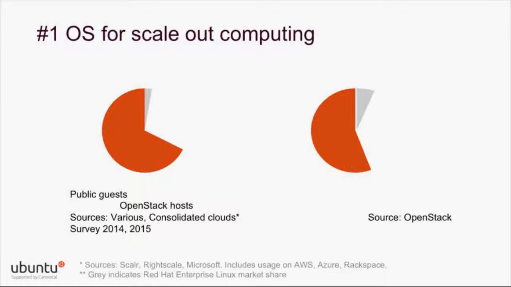And there we thought, well, actually, Ubuntu can offer real value here. And we worked very hard with those hosting providers, cloud providers, and others to make Ubuntu a great platform for that web scale-out cloud computing environment.